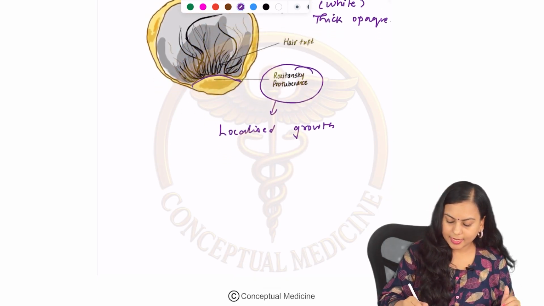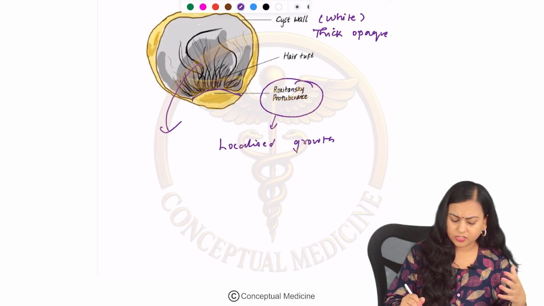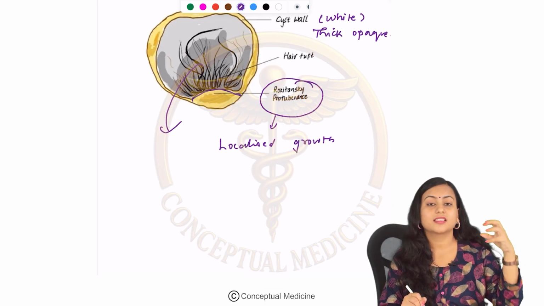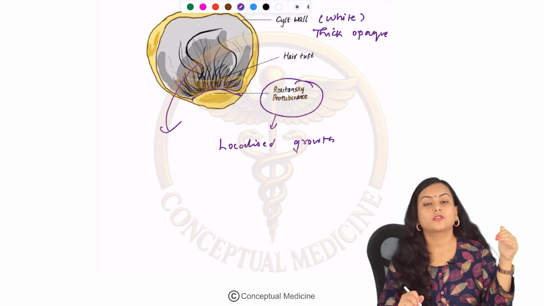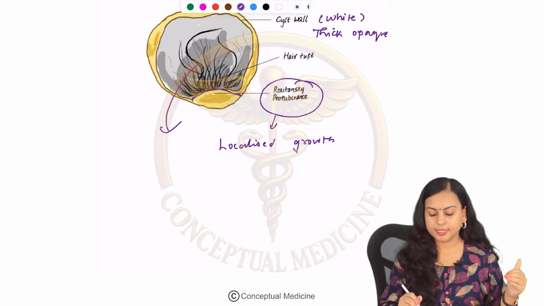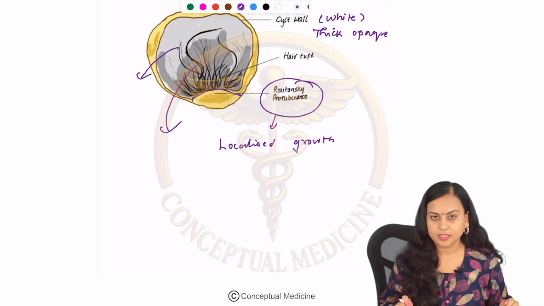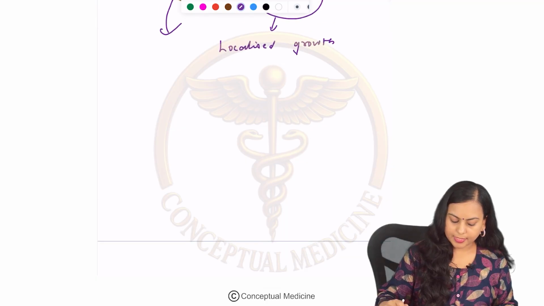Okay, and inside the cavity you will be able to see hair follicles, bone, cartilage, and so many types of tissues. Okay, the content can be either ectoderm, endoderm, or mesoderm, but the ectodermal components are most commonly seen. Also, you will have a large amount of greasy fluid inside the cyst. Clear?